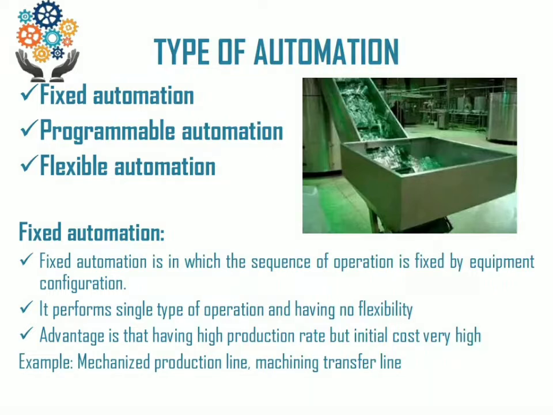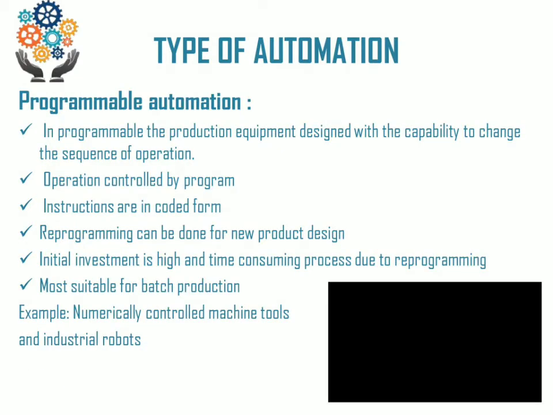Then the second type of automation is programmable automation. Now what is programmable automation? In programmable automation, the equipment gets programmed with the help of computer technologies. The equipment is designed with the capability to change the sequence of operations, right? In programmable automation we can edit the program at any time when the design changes, right?